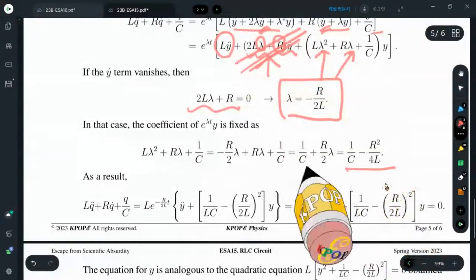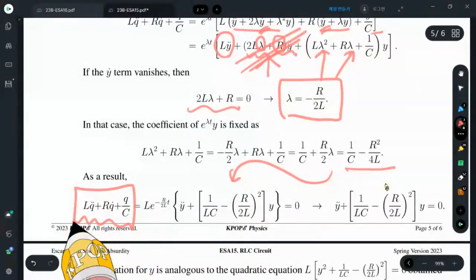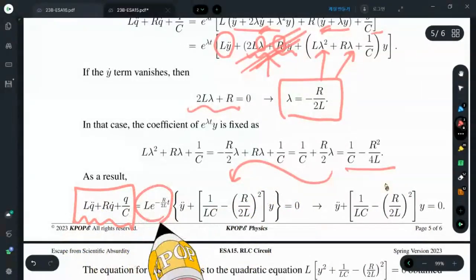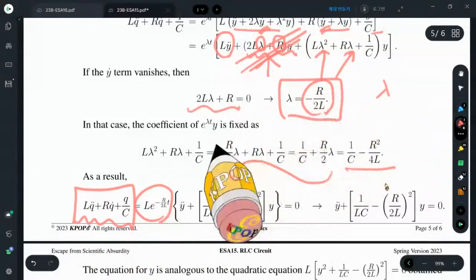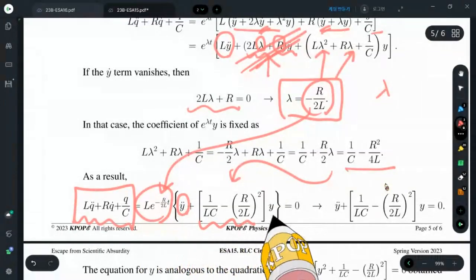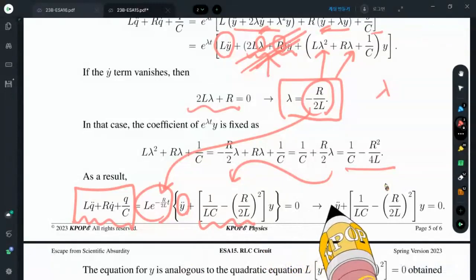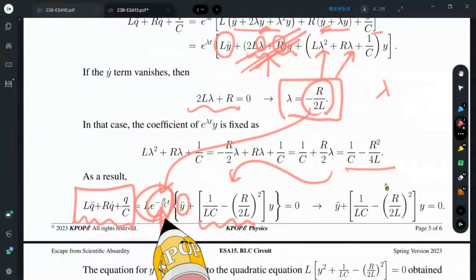The result is this. Finally, this expression is identical to this factor. Now lambda is found to be this guy, so lambda has been substituted, and we have y double derivative plus a constant multiplied by y equals 0. We know, everybody knows that the exponential function never becomes 0.